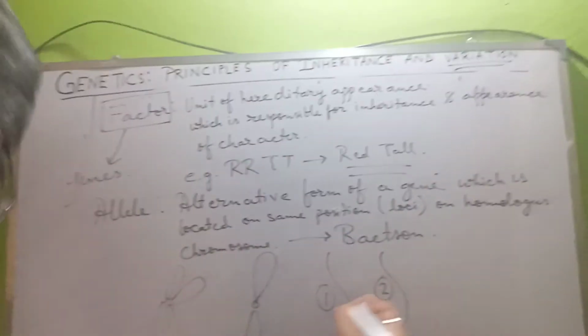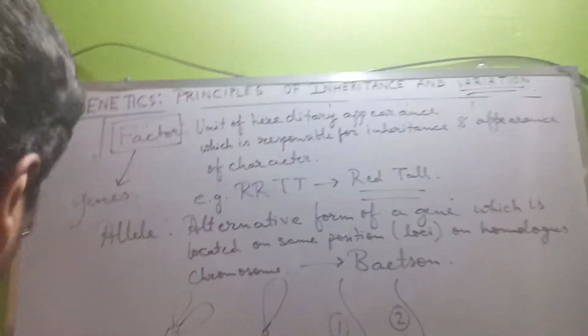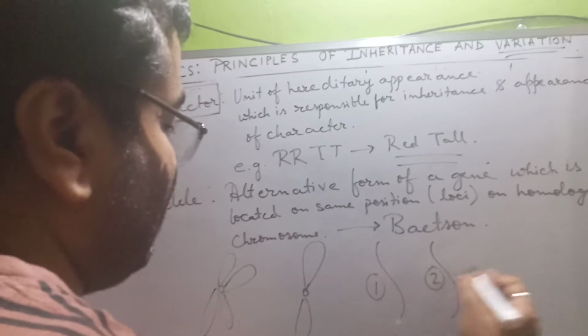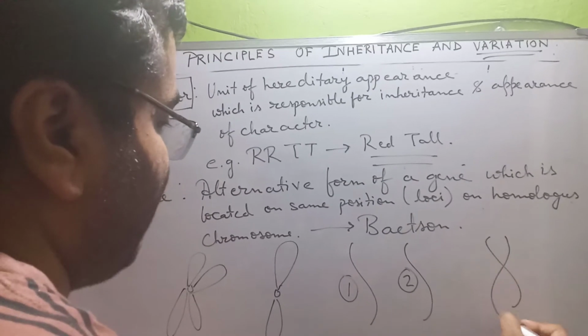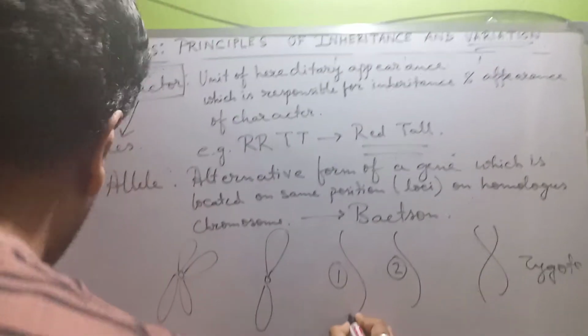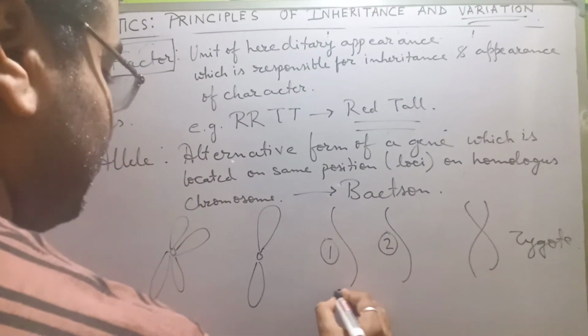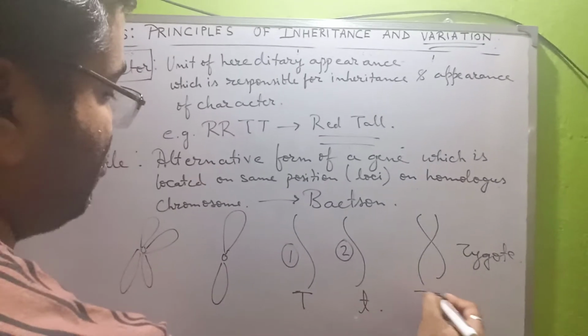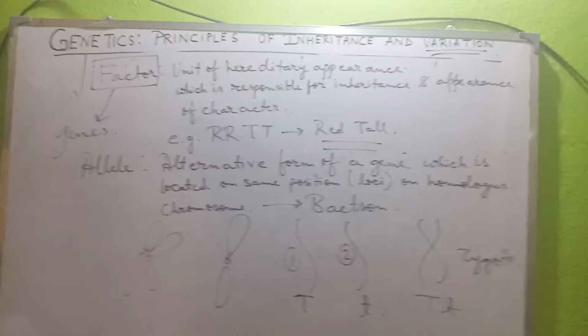So take for example these two alleles, they combine and form a zygote. This is a capital T and this one is small t. So together it forms a zygote.